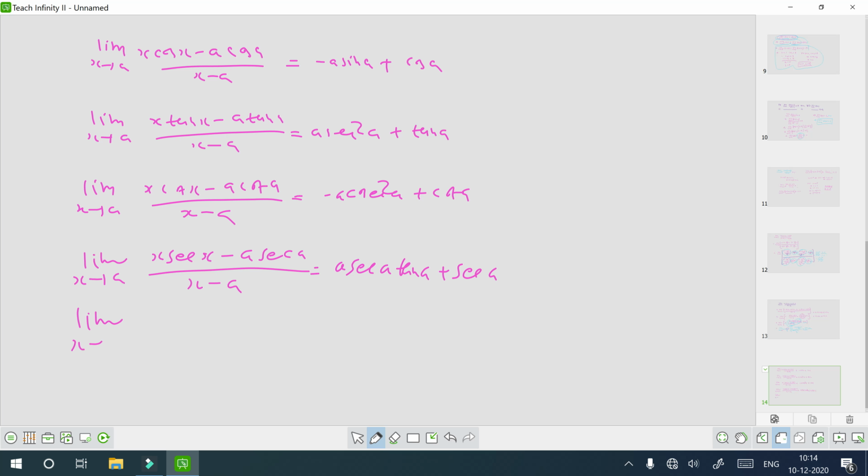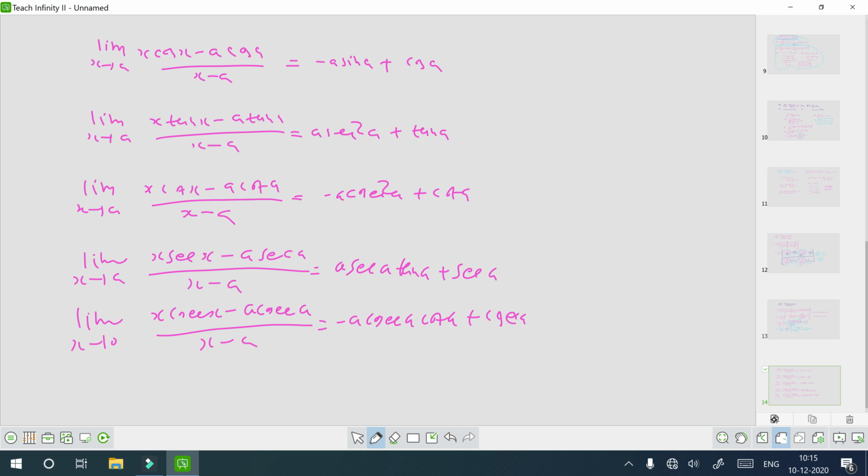Limit x tends to a, x cosec x minus a cosec a over x minus a: cosec a cot a plus cosec a.